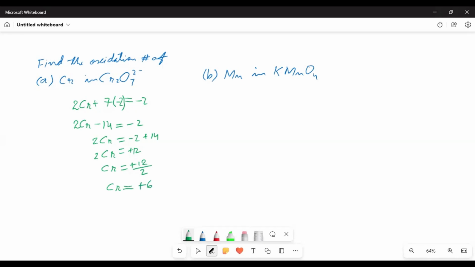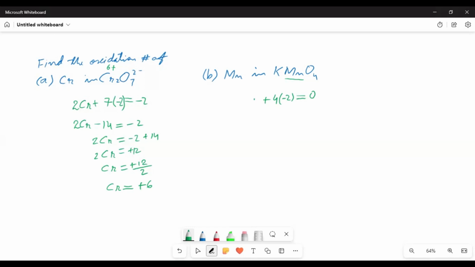So in this way we have found the oxidation state of chromium, that is +6 for each chromium in this Cr2O7. Similarly, if you are going to find the oxidation state of manganese Mn in KMnO4, as this is a neutral compound, it has no charge. So on the right hand side of the equal sign we will write 0. 4 oxygen are there, so 4 multiplied by -2, as I've already mentioned that oxygen must be in -2 state.